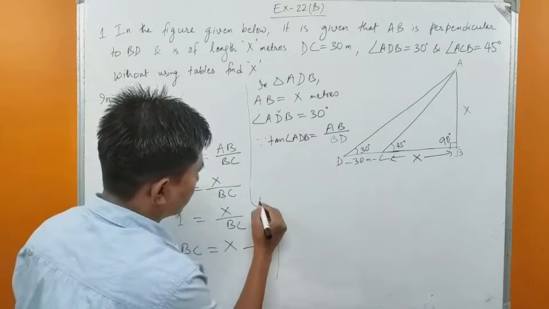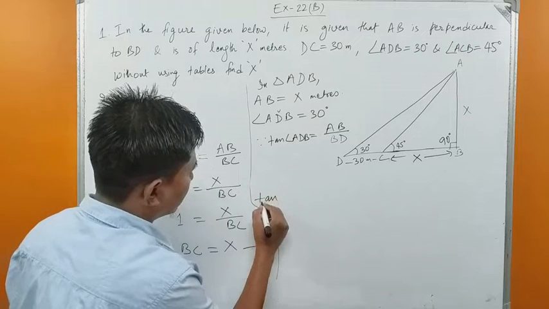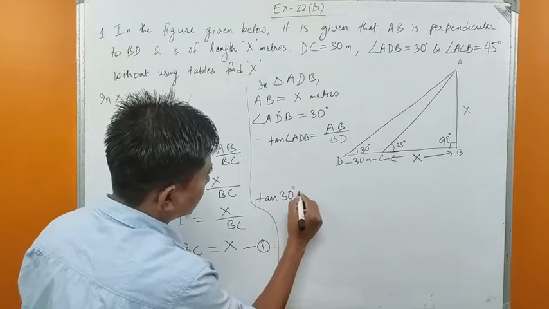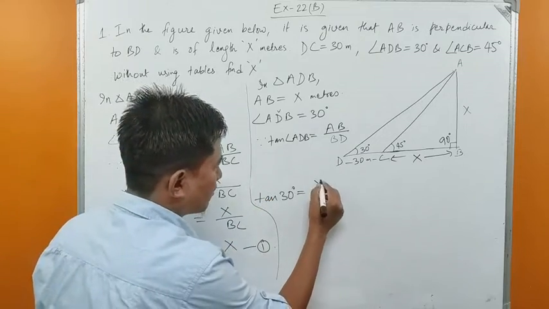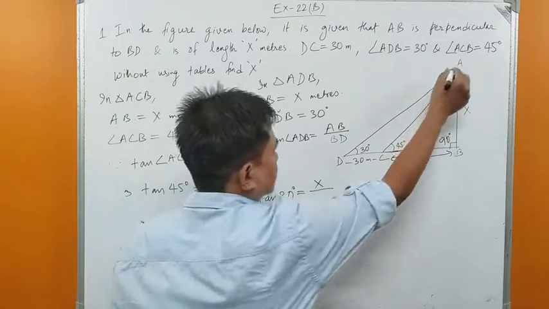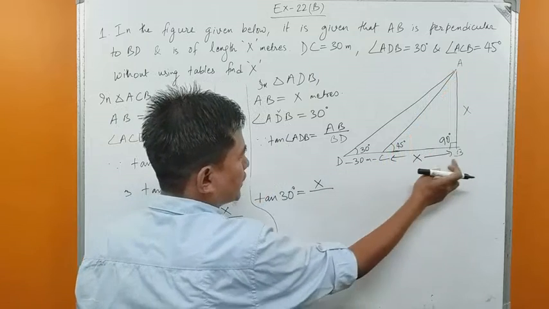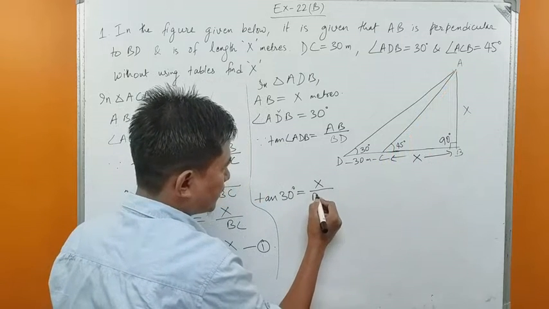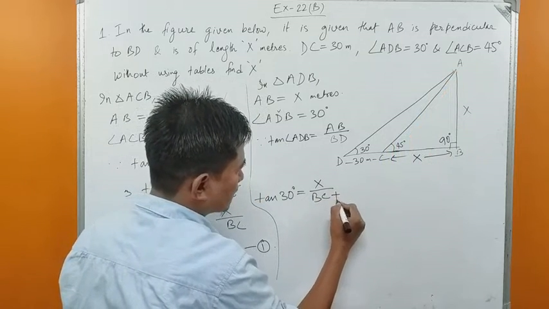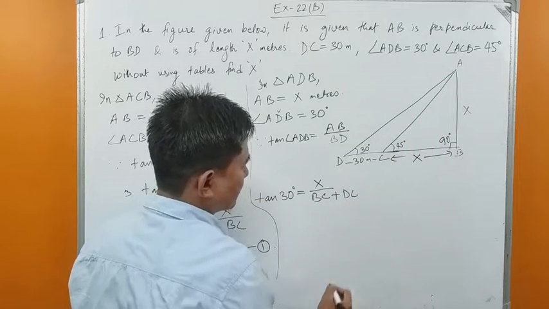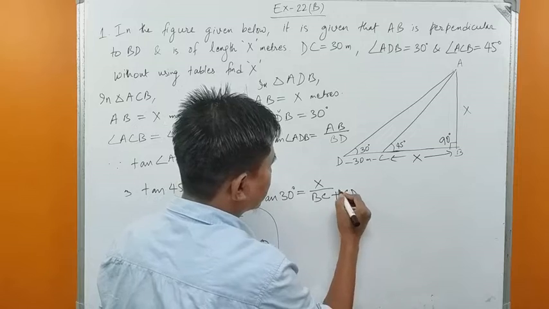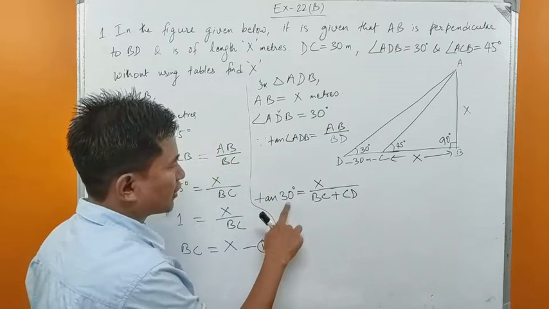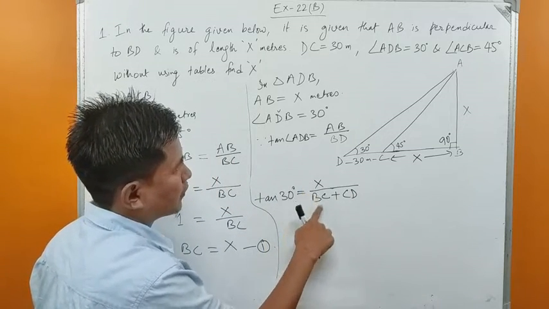Tan of angle 30 degrees equals AB. We know AB is x. And BD means BC plus DC, or you can write CD. Same thing. Tan 30 degrees equals perpendicular upon base.